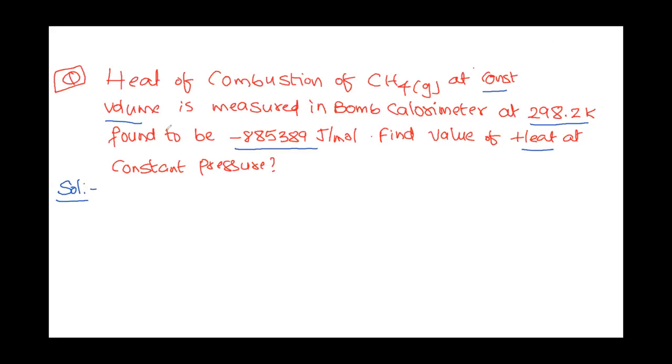Now I am explaining this. Listen carefully. Methane CH4 on combustion will give you CO2 and H2O. Here temperature plays a vital role. At 298.2 Kelvin, water will be in liquid state, and CH4, oxygen and CO2 are in gaseous state.